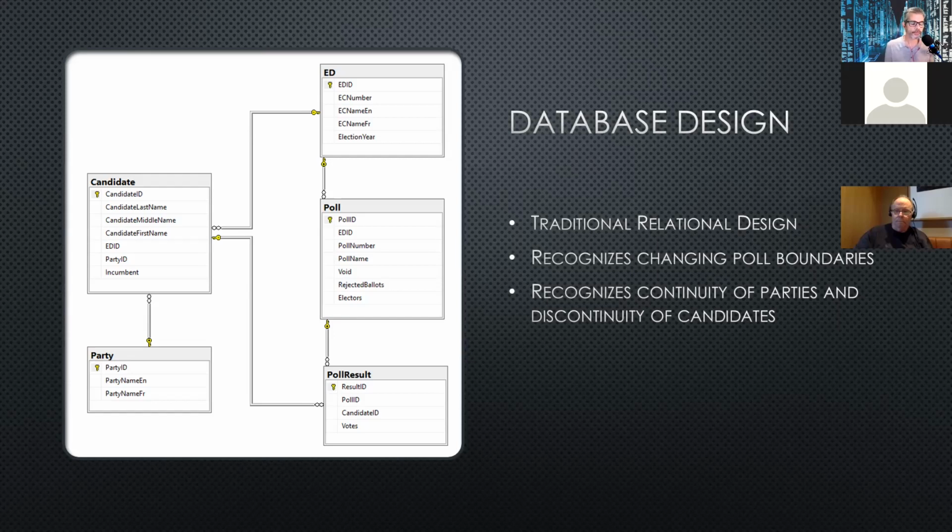The benefit of a relational design like this is that it gives you strong guarantees of data integrity. It is very unlikely in a properly designed relational database like this that you are going to run into data anomalies. So for instance, in a CSV file that shows poll-by-poll election results, you might have a candidate's name misspelled in one of the rows.